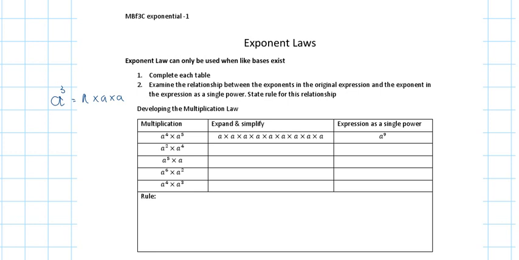Right? So we're going to see what happens if I have, let's say, a cubed multiplied by a to the power of 4. What happens? How can I do this? So things that you have to be careful with, or you have to remember, is what we call the term.